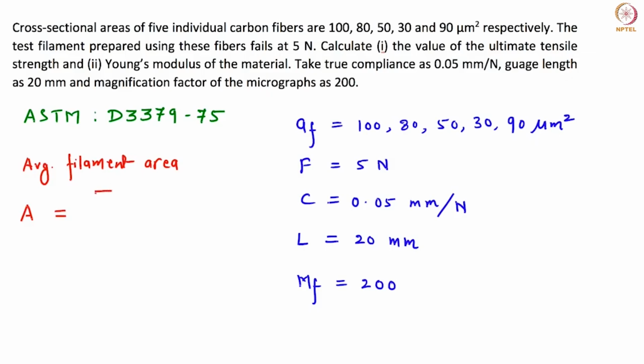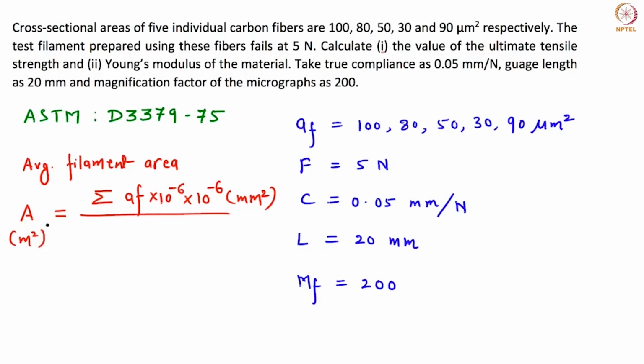What is the formula again? We have the summation of all areas, but these individual fiber areas are taken in millimeter square, and what is given to us is in square micrometer. So we have to factor in some 10 power minus 6. Then there is another 10 power minus 6 which is already there in your formula, because we get the area values finally in square meter.